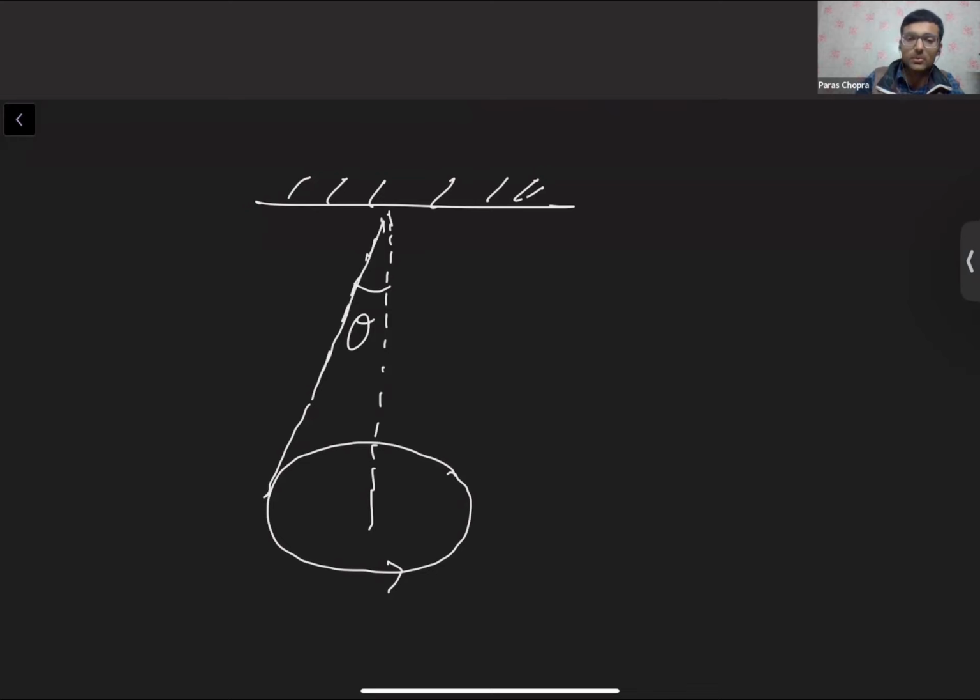So let us take a point on the path. We consider this point as point A. So what will be the free body diagram of the bob of the pendulum at point A? mg will act like this and tension like this.